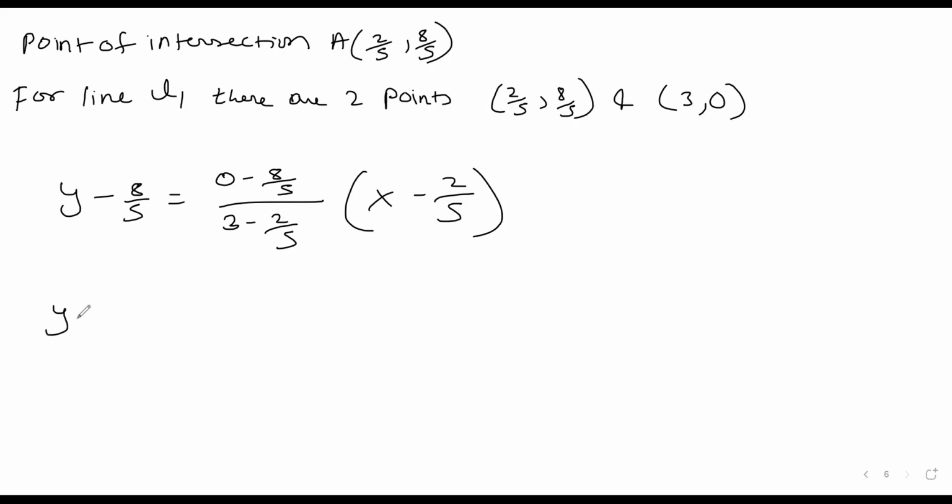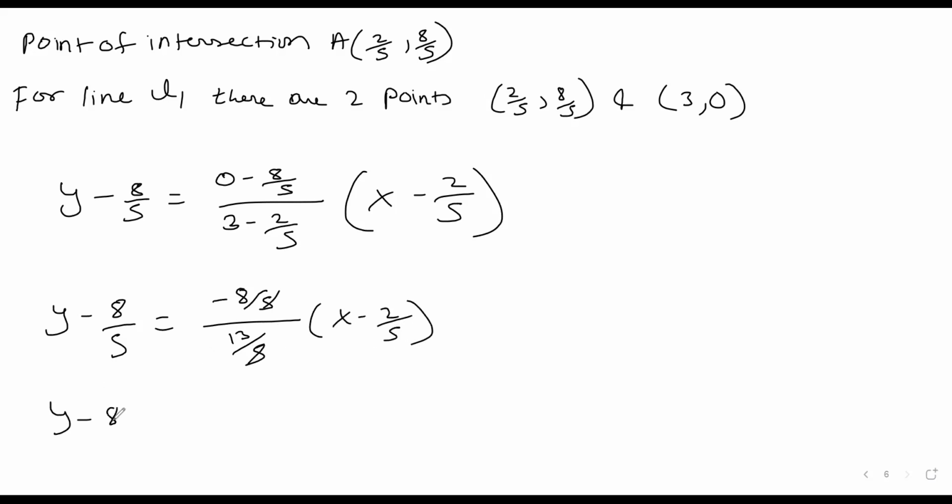We can find out the equation. Minus 8 by 5. This is 13 by 5, 15 minus 2. So y minus 8 by 5 is minus 8 by 13 into (x minus 2 by 5). We can solve this and get the equation of the line.